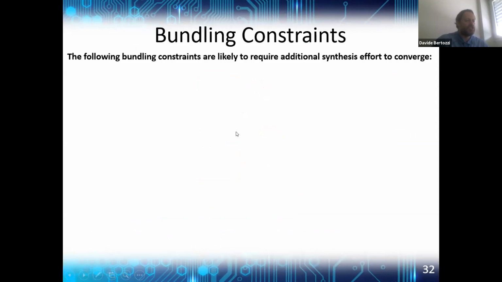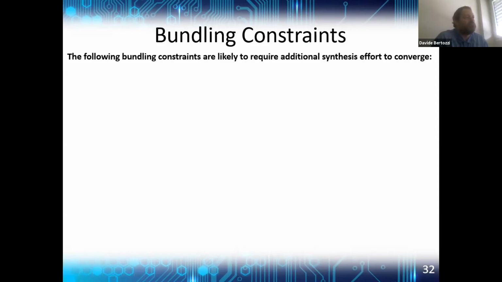So in this architecture, there are bundling constraints. This is no exception. And the following bundling constraints are likely to require synthesis effort to converge. There are actually several subtle timing constraints for functional correctness in that architecture.